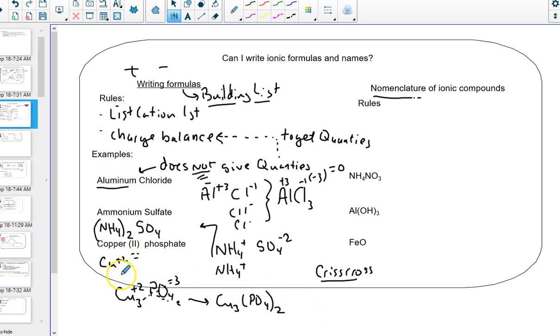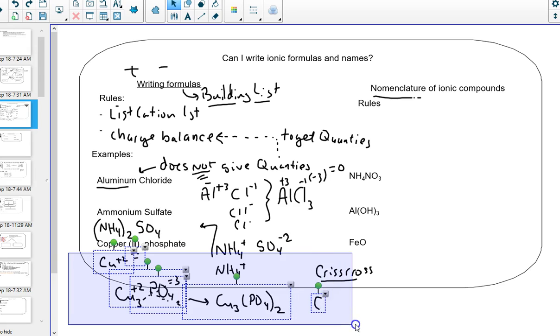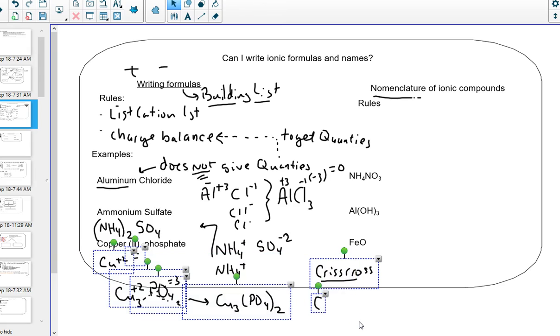Okay. Now, does this crisscross rule always work? I'm going to add one more down here to the video, and it's going to be, let's go with calcium oxide. Okay. So, and I'm just going to type this out here, and I'll show it to you. Here's an example where, again, this will be on your sheet here.